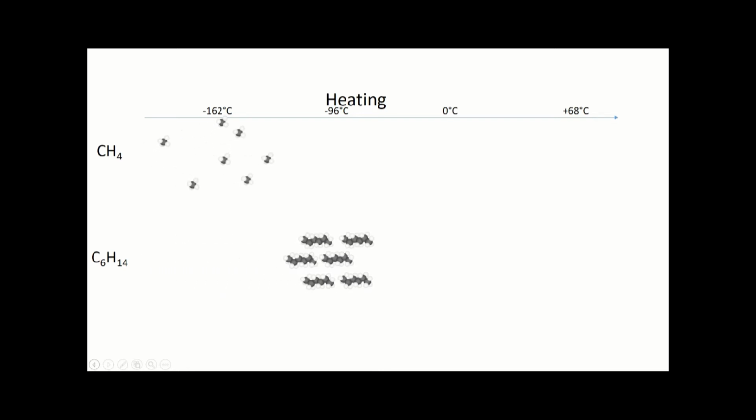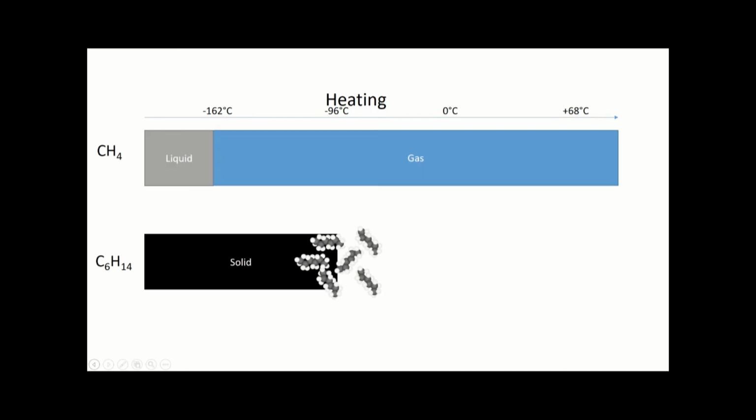So the intermolecular forces in methane are completely overcome at minus 162 degrees C, whereas in hexane, they are still holding the molecules in place until minus 96 degrees C. And in fact, we have to heat hexane up to about 68 degrees C before it evaporates, before it becomes a gas.